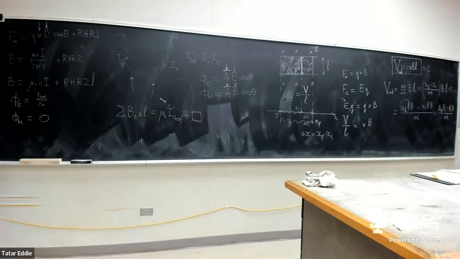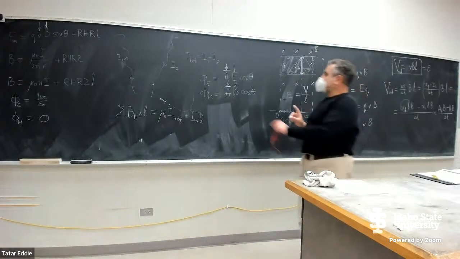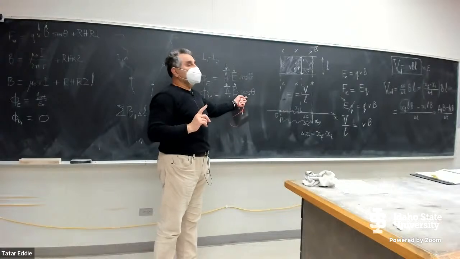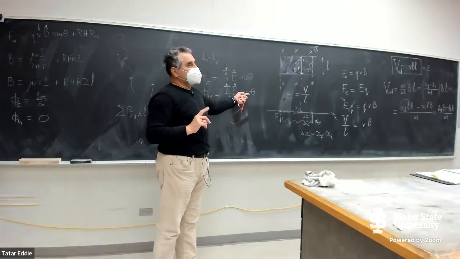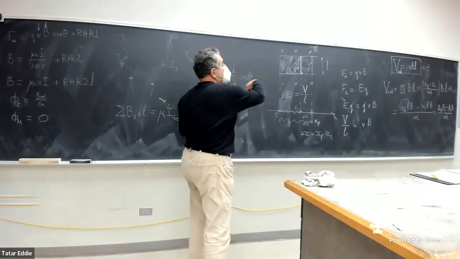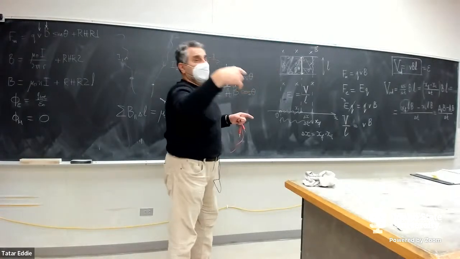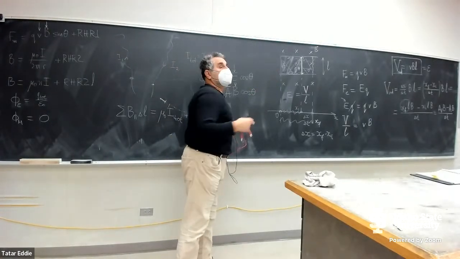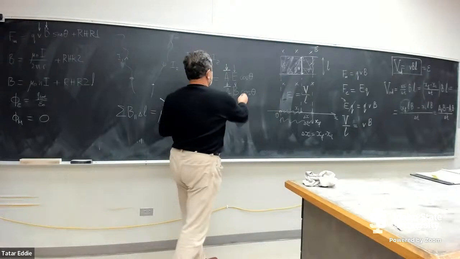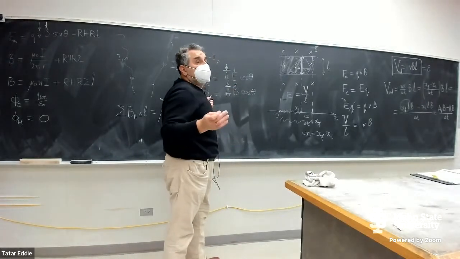And now look what you have. You have area multiplied by magnetic field that pierces this area. This is exactly the magnetic flux through this area. The angle in this case is the angle between the perpendicular to the area, which is into the board, and the magnetic field, which is also into the board, so the angle is 0, cosine of 0 is 1. So it is just the magnetic flux.